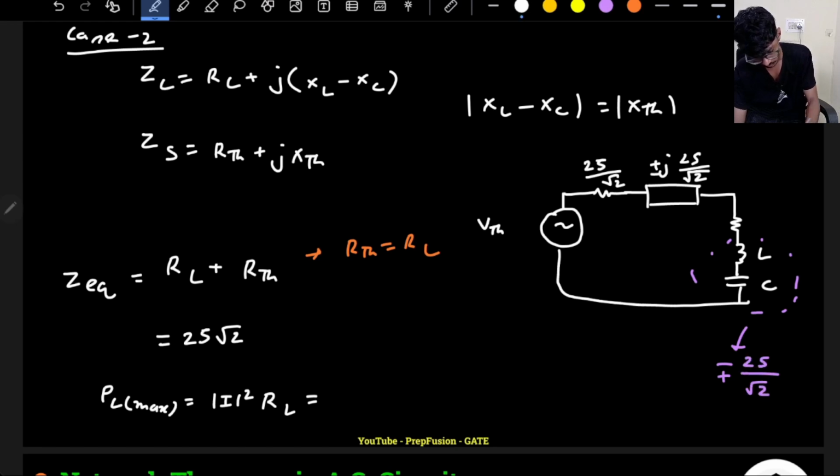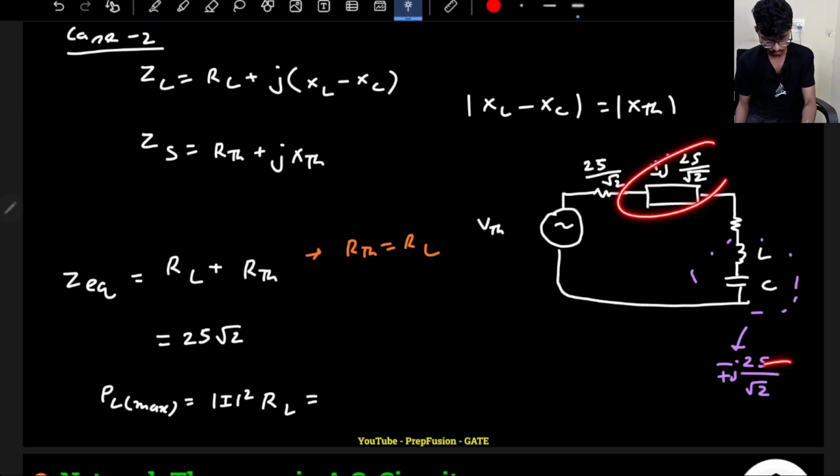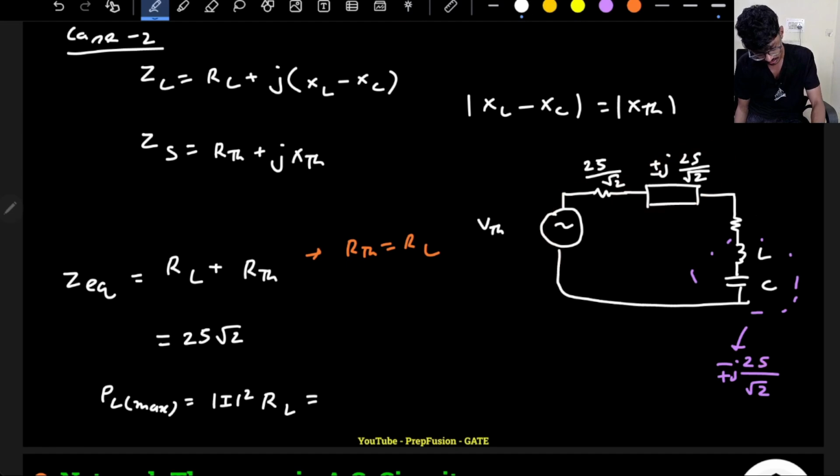Ultimately my circuit will be purely resistive only. And what is the value of resistance? It is equal to RTH, that is 25 by root 2.